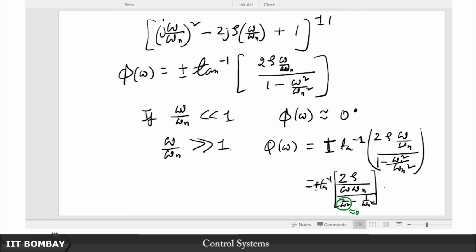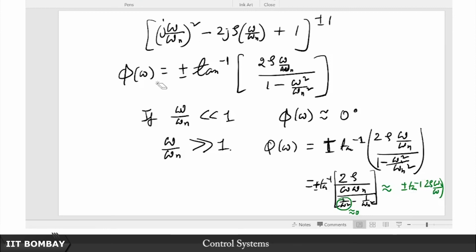So this is almost equal to plus minus tan inverse of 2 zeta, and this omega n squared will go up, so it will become omega n upon omega, of course with a minus sign. It is very important to note where this minus sign is.